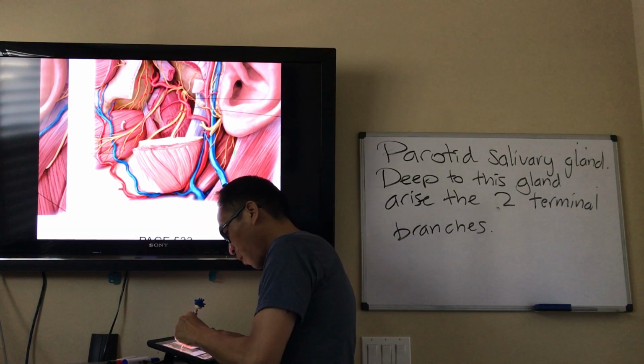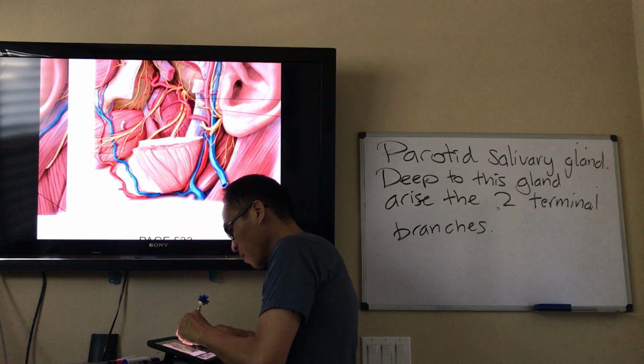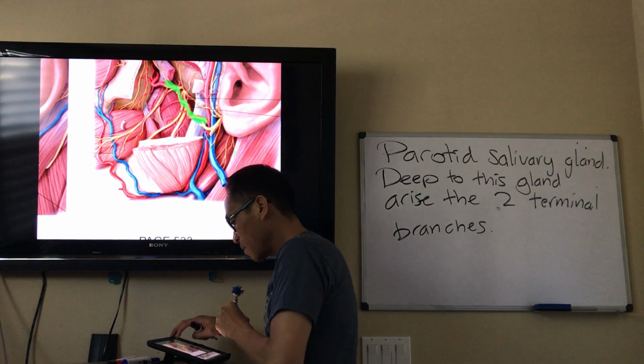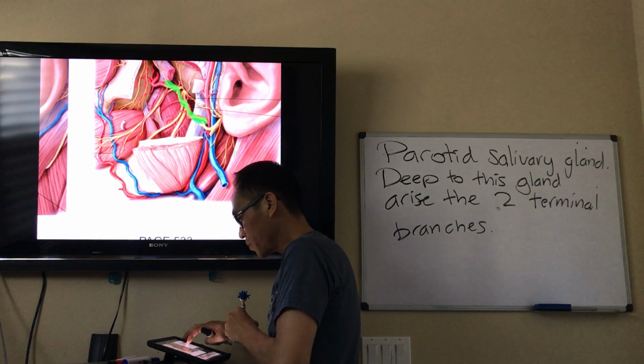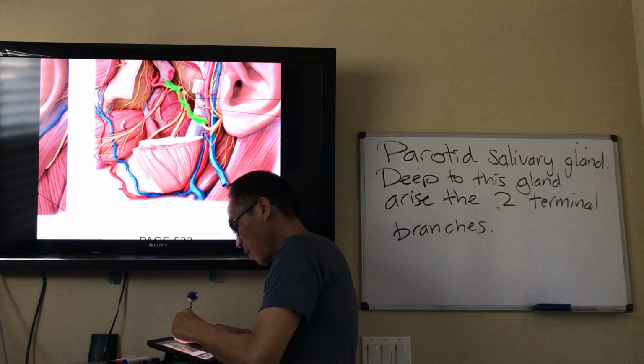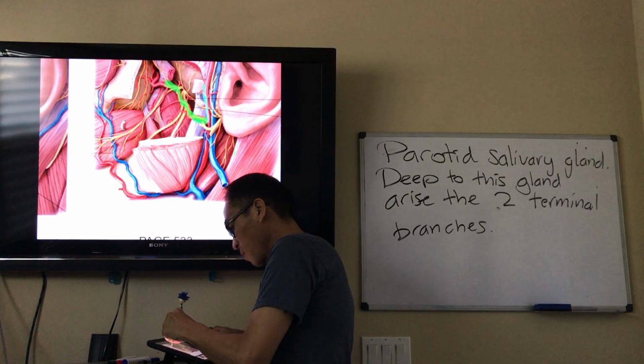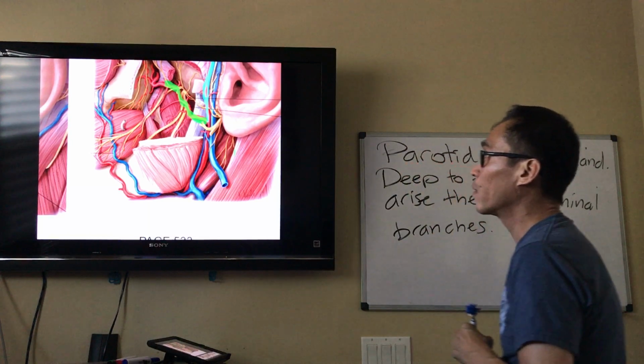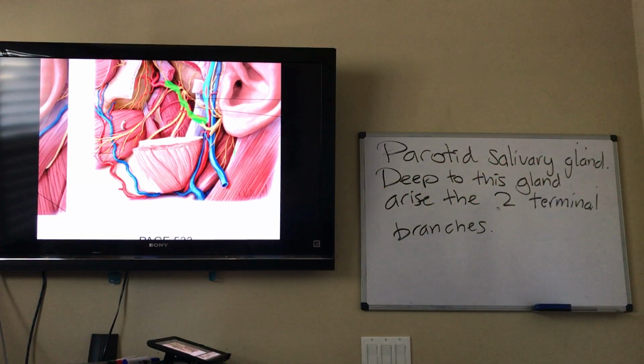That one going forward, coloring it in green here, that's maxillary. The other one, superficial temporal, I'll use this light blue color. That's superficial temporal, our two terminal branches.